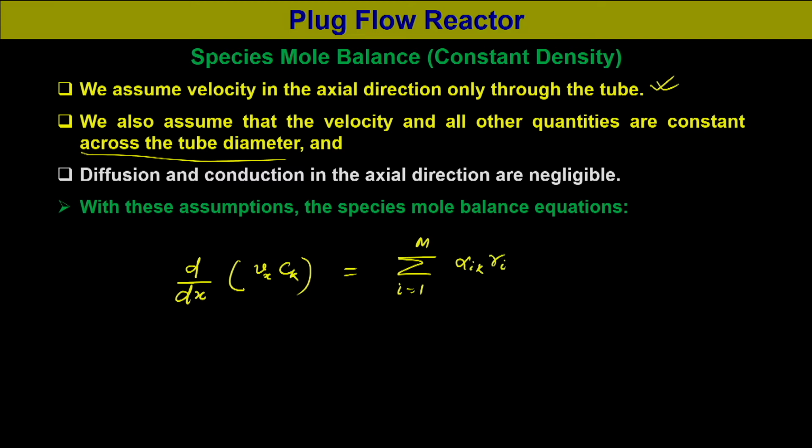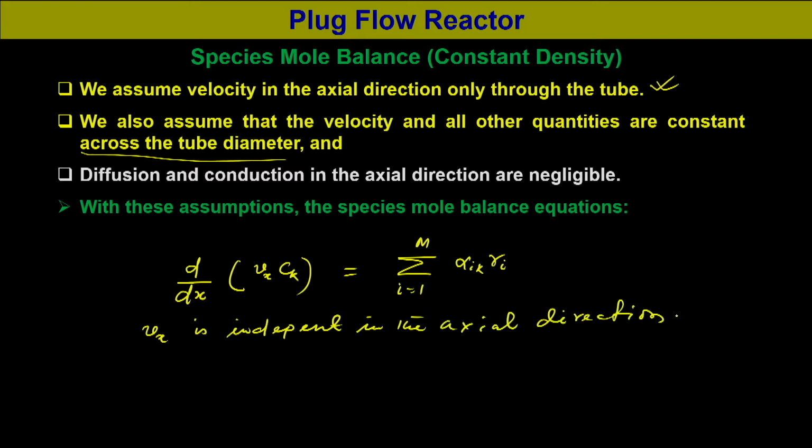Now, if the velocity is independent of the axial direction, that is for constant density, then V x is independent of the axial direction.